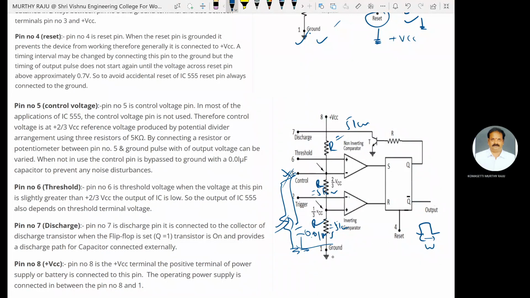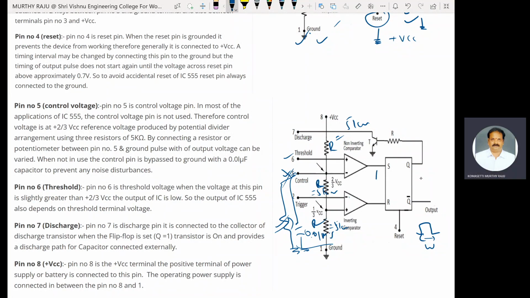In order to avoid disturbances, the control pin is connected to ground through a capacitance of 0.01 microfarad. Coming to the 6th pin. Pin number 6 is the threshold voltage. When the voltage at this pin is slightly greater than 2/3 VCC, the output of the IC is low.